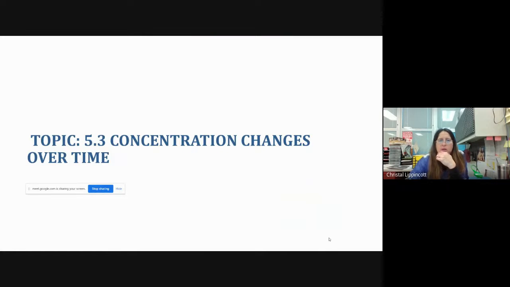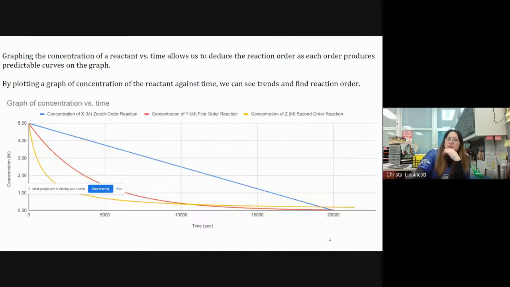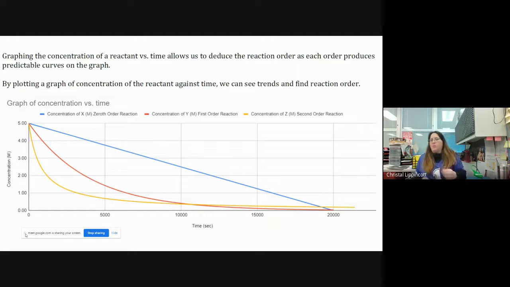All right, so we're talking about concentration changes over time and talking about graphing them. And you should have listened to the lovely Renee McCormick last night talk about how we go about this and how we can use these graphs to figure out reaction orders. So given a set of data, we can actually use that set of data to determine our reaction orders.